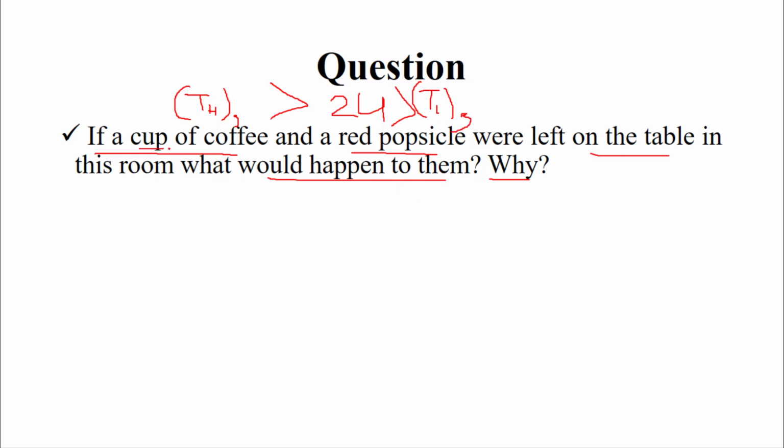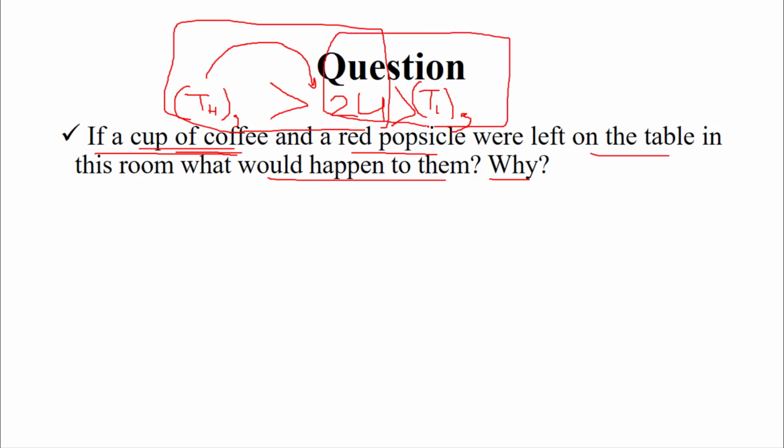What will happen to the cup of coffee? Because we have a temperature difference, the heat will transfer from the coffee to the room until the cup of coffee reaches the room temperature. And what will happen to the ice cream?